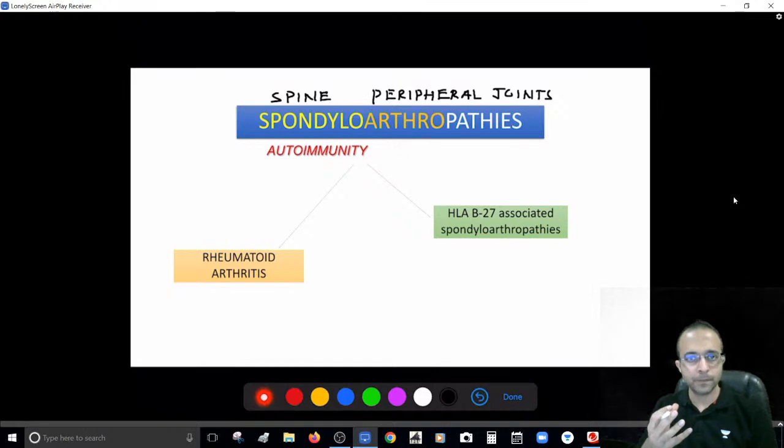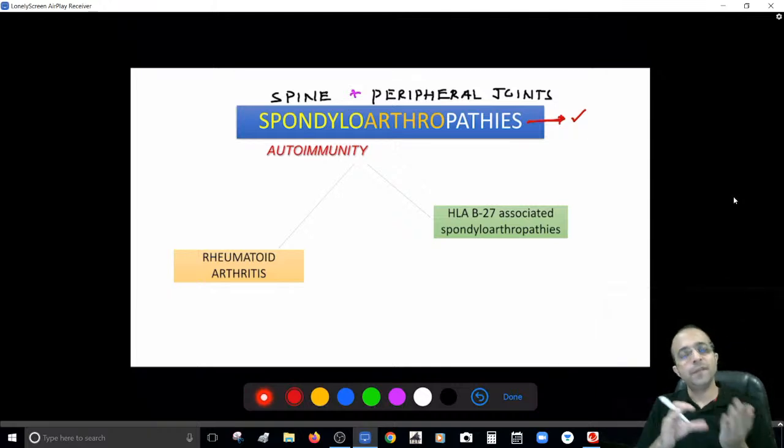So you have involvement of the spine and the peripheral joints. That is what's meant by the word spondyloarthro. And this word pathies is degeneration in the joint, which you very well understand.